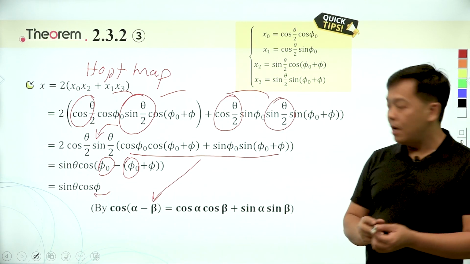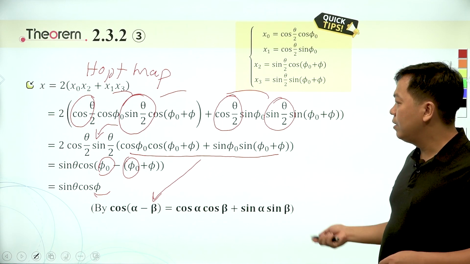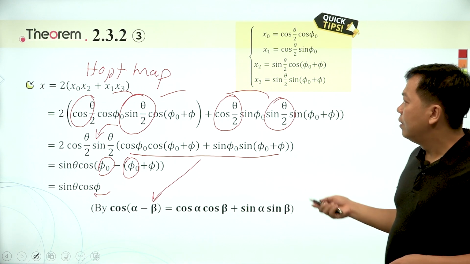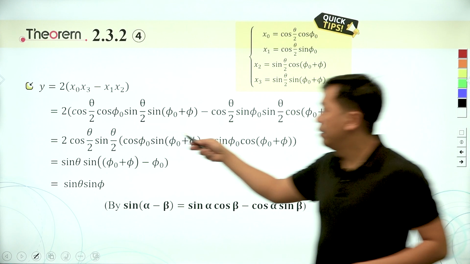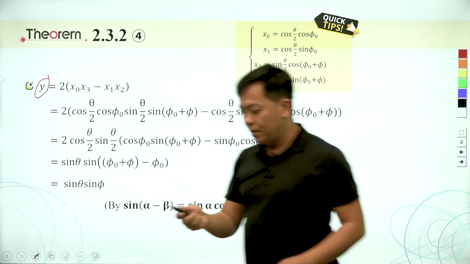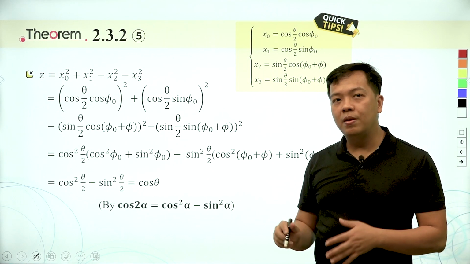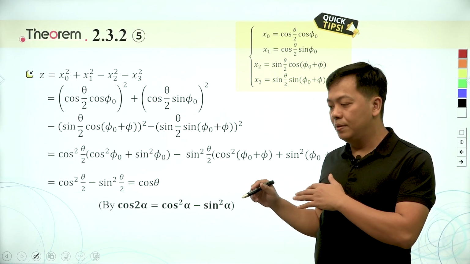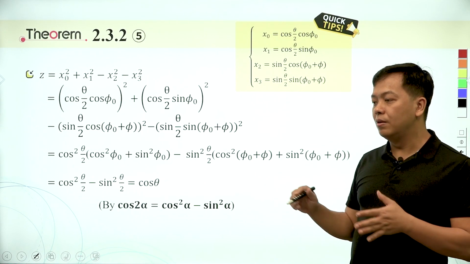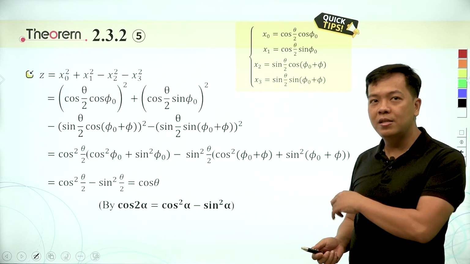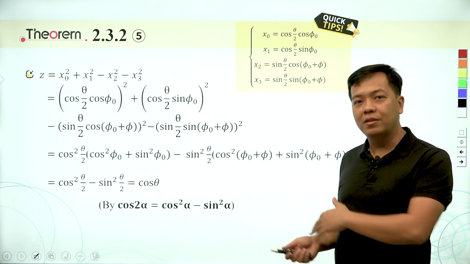Okay. This is how we exploit the Hopf map to calculate the x value, the y value, and the z value in the Bloch sphere. I think we already learned about this in the previous lesson.